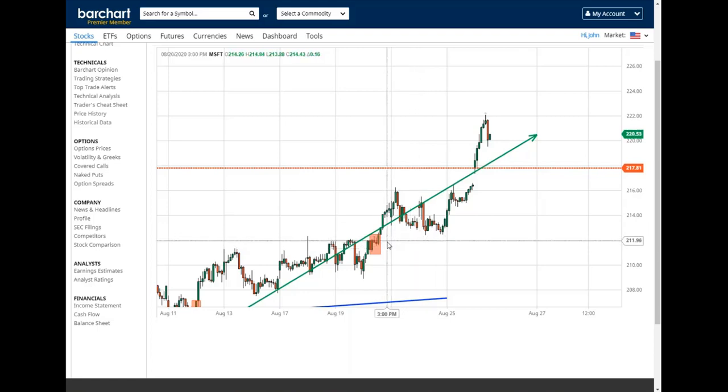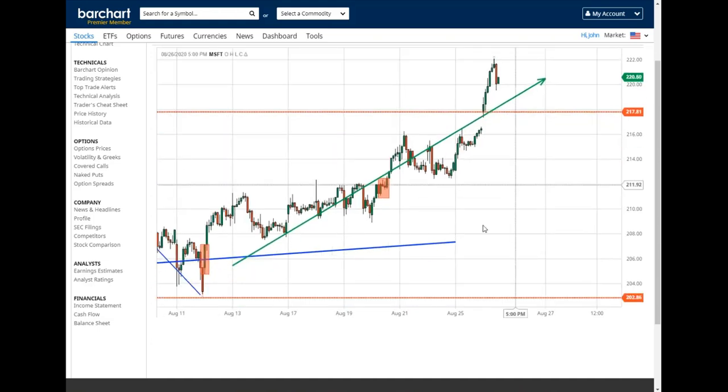If I come in here at around $212, and my new swing high is $220, that is only about $10 worth of profit based on a risk of $10, 212 versus 202. So I'm risking $10 to make $10, a 1-to-1 ratio. Probably not a good trade.